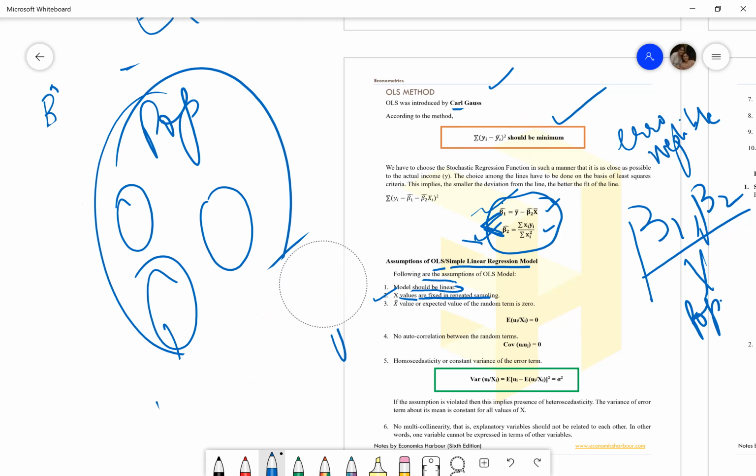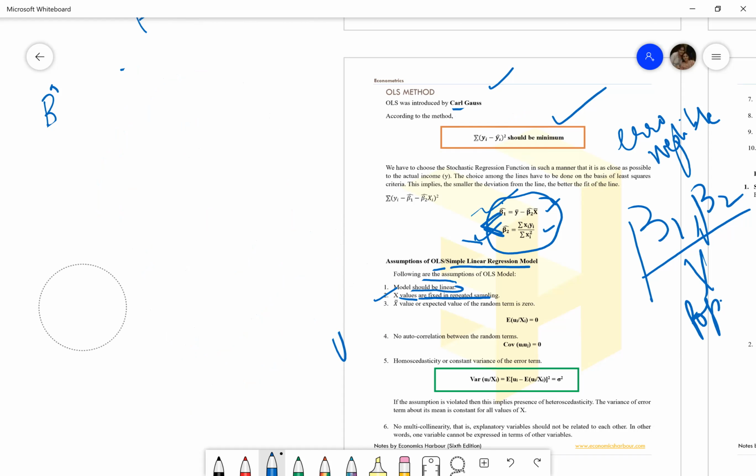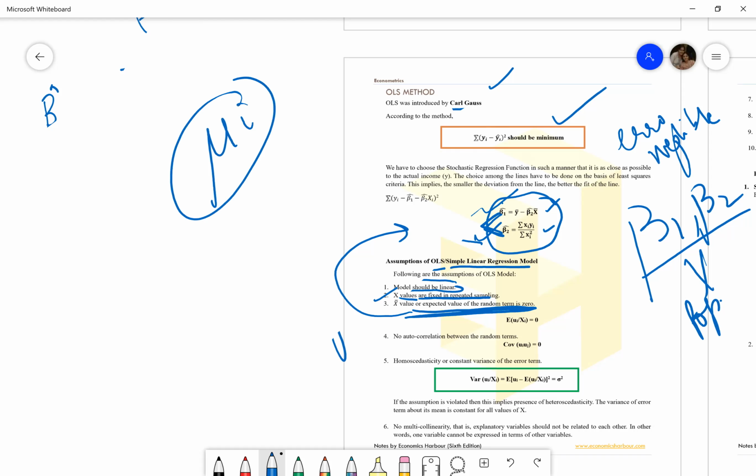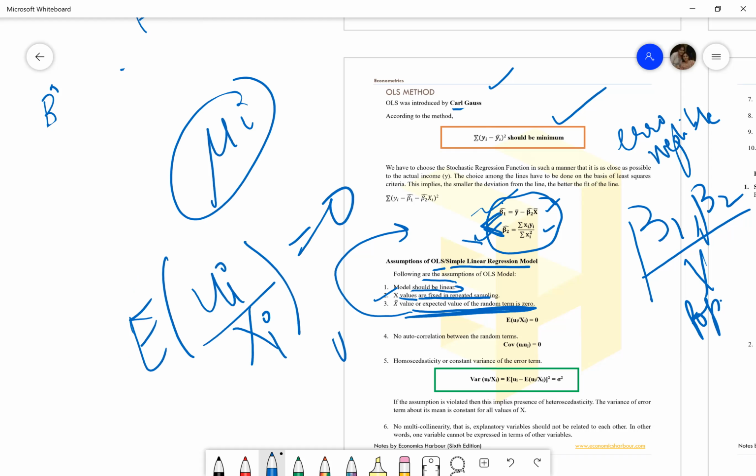And the mean value or expected value of the random error term is 0. That's why we are not taking any error term here, because we are assuming that the expected value of ui with respect to xi is equal to 0.